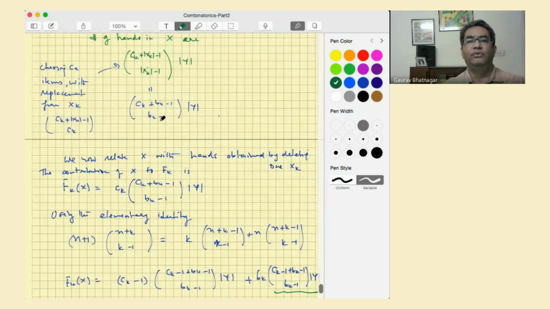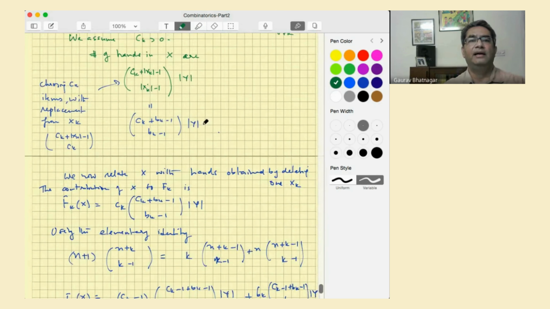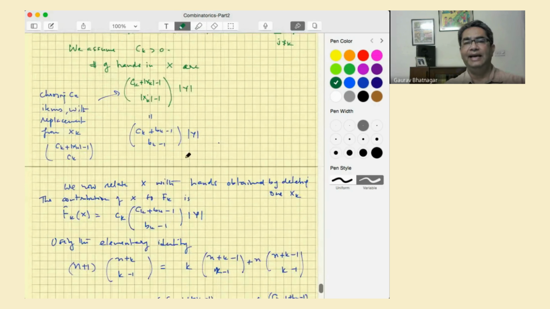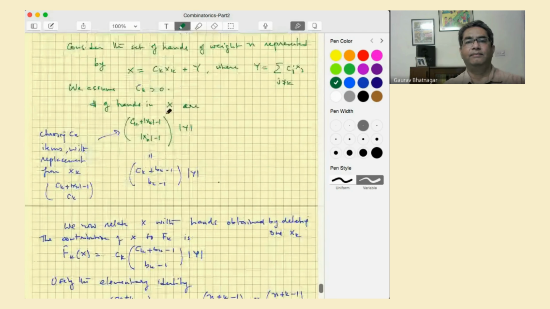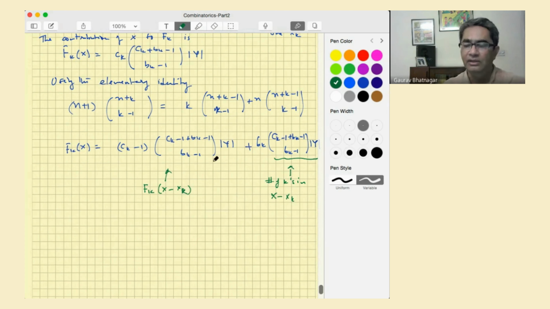So this formula has to be compared with this guy, the number of hands in x with one less. If I now sum over everything, if I sum over all the hands, so what do we do?